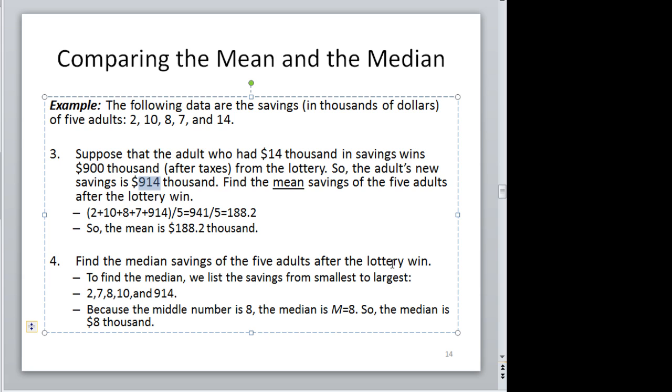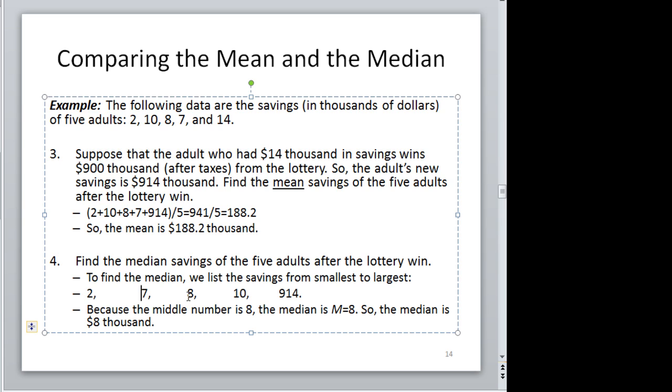Now, this time we're going to figure out the median value. So you list them up. Now it's 914, not 14. You list them up and you pick the middle number. Let me space it out.